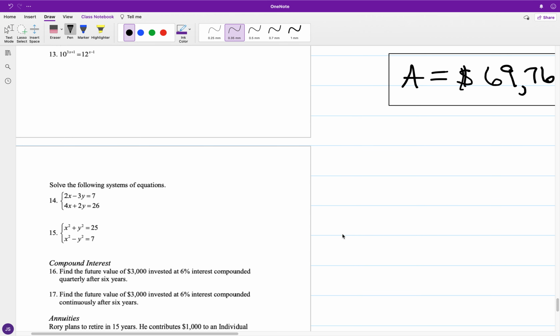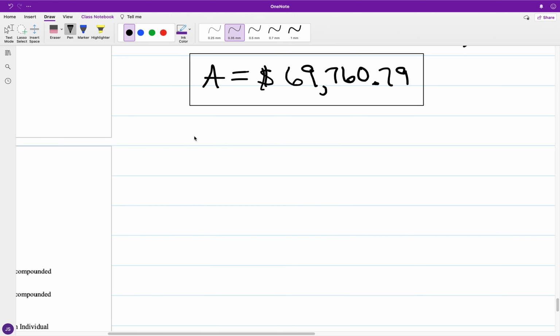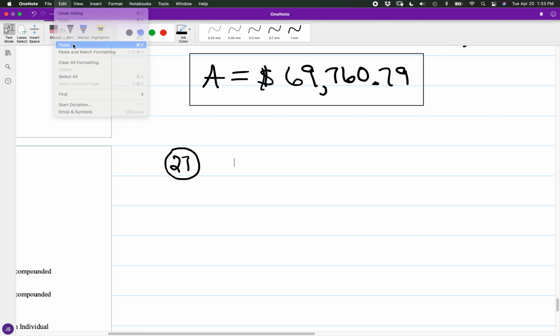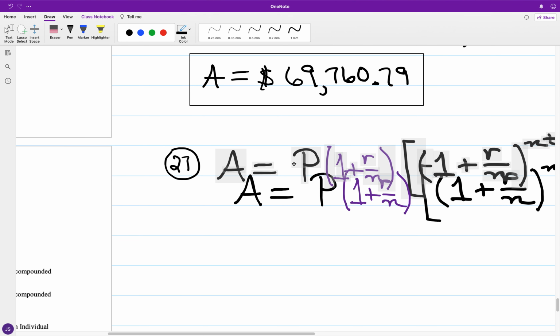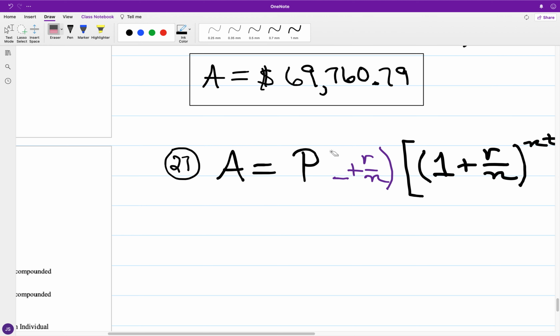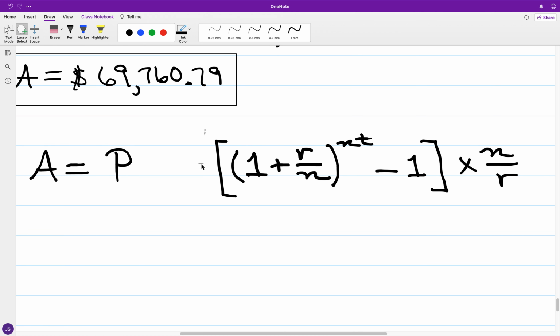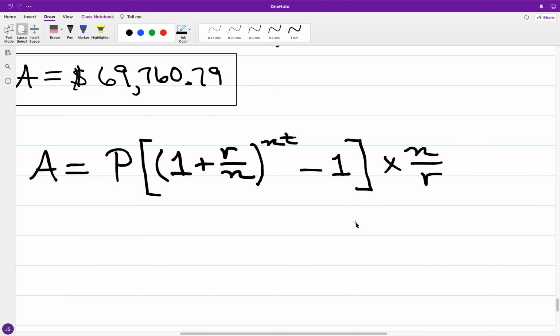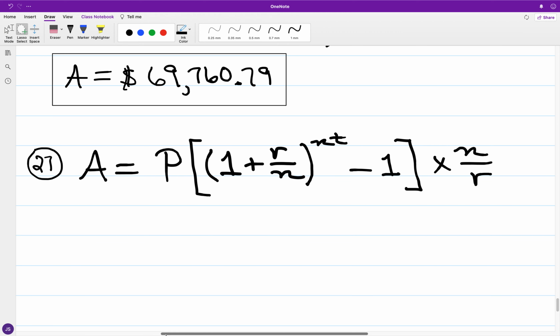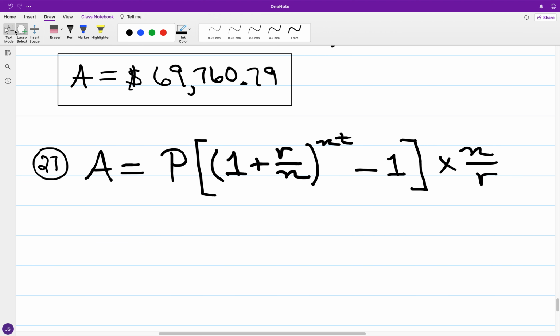So for number 27, we're looking at least how much must be put in every month.